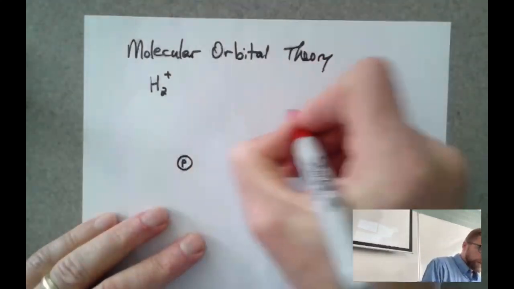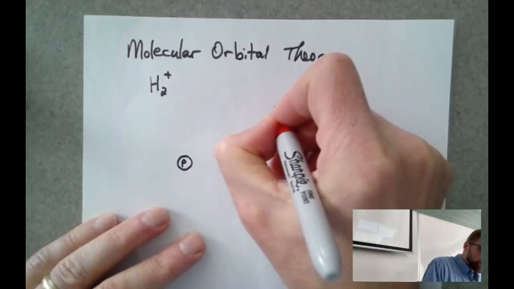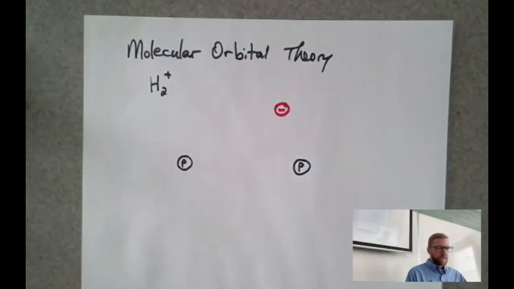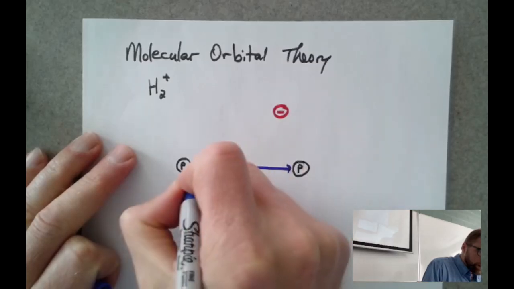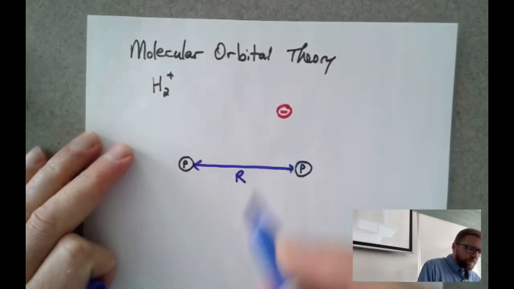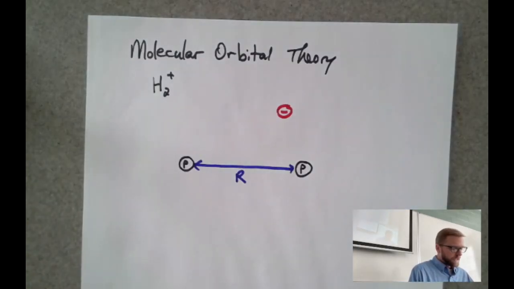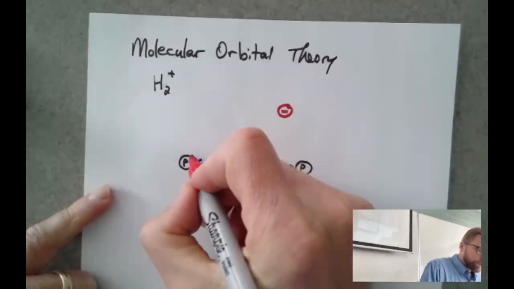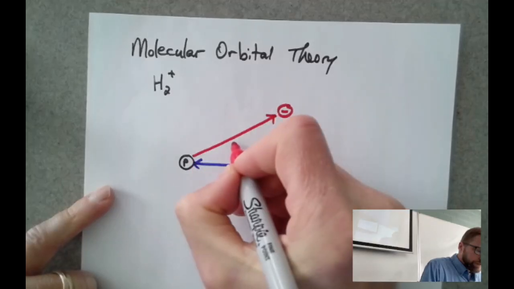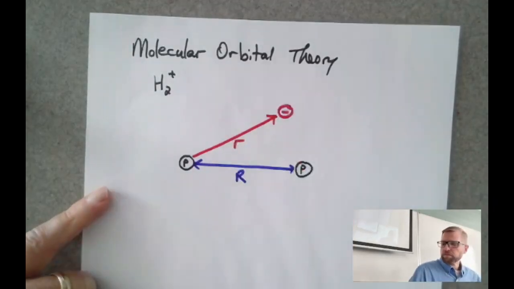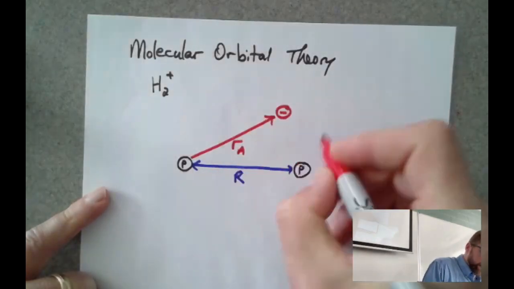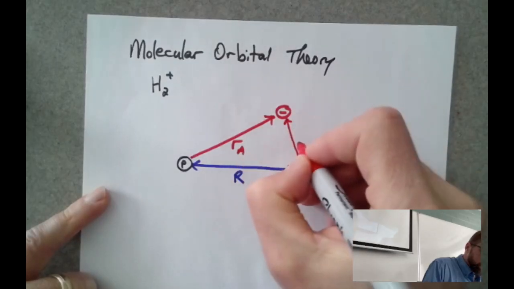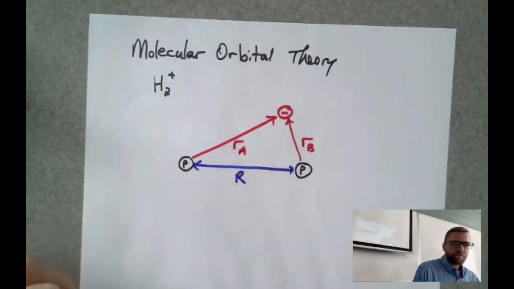And then you have some electron. The electron and the protons are separated by some distance r. And the electron is separated from proton 1 by, what do I have in my notes? RA, I think. And this one is RB. Okay.